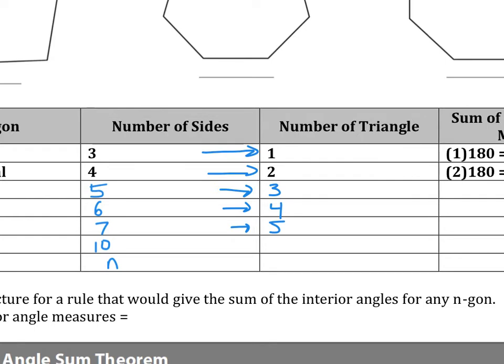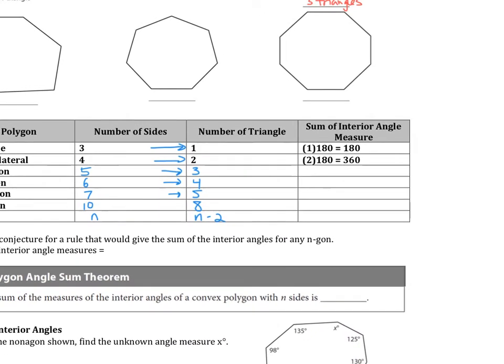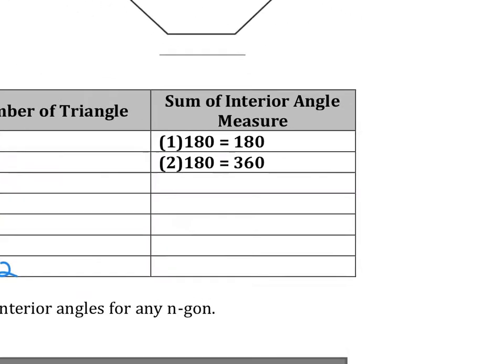Well, 3 to 1, 3 minus 2 is 1. 4 minus 2 is 2. 5 minus 2 is 3. 6 minus 2 is 4. 7 minus 2 is 5. So 10 minus 2 would be 8. And n, I don't know what n is, but I know it's ultimately going to be whatever n minus 2 is. So I'm just going to take whatever n, subtract 2, and that's going to be what we have.